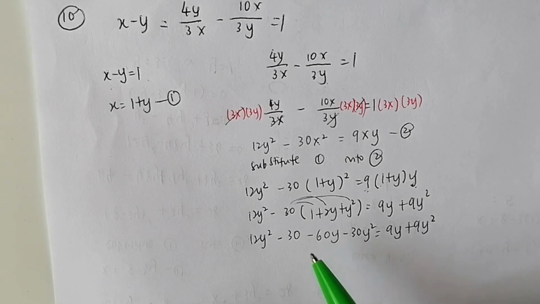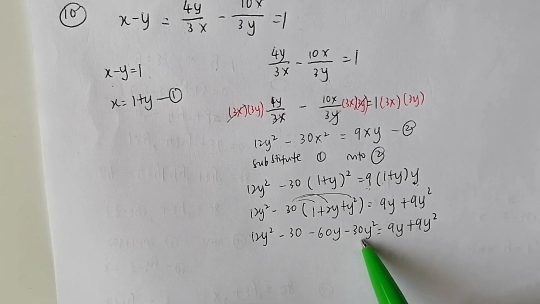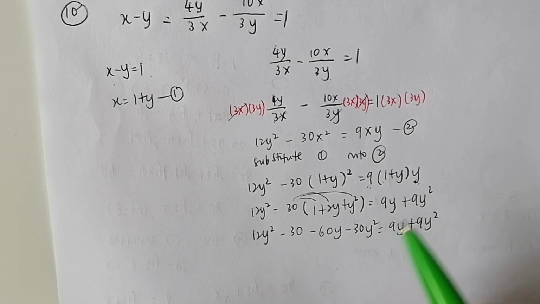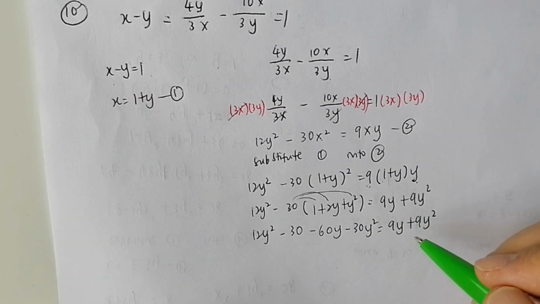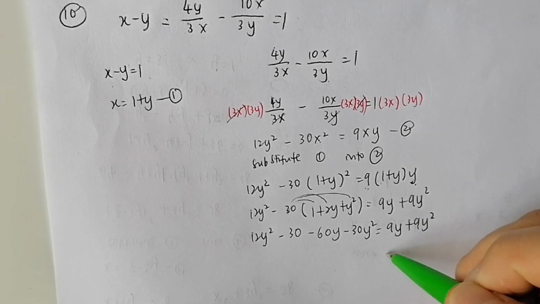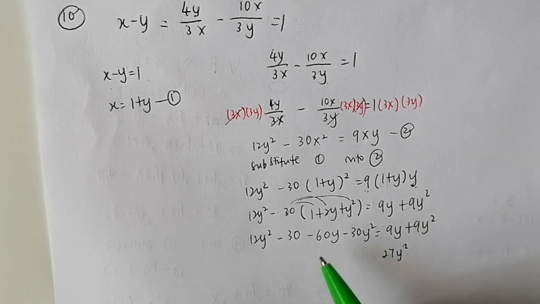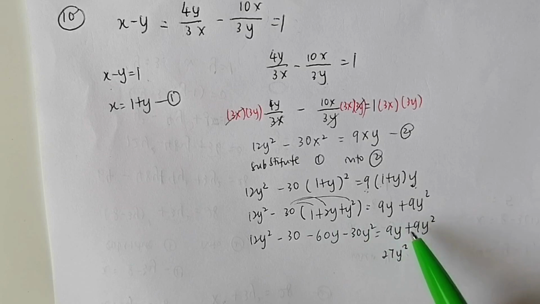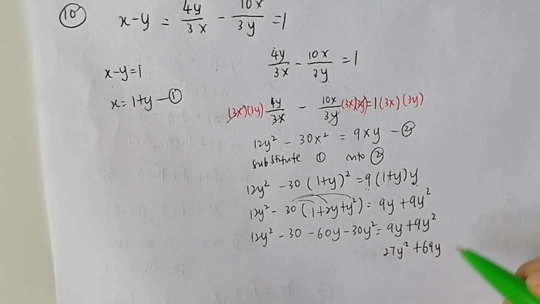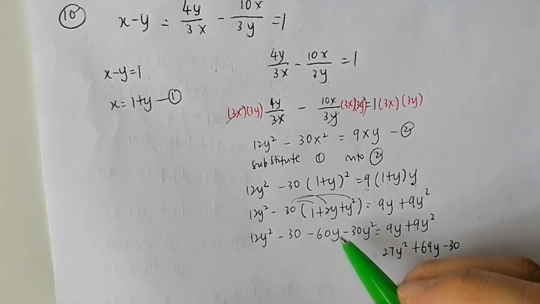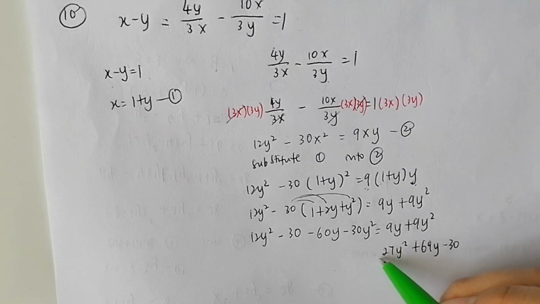Okay, so from here, 12 minus 30, which is negative 18. When you move it here, it will become plus 18. So plus 18, you are going to get 27y squared. Minus 60y, you bring here plus 60y. So plus 69y. Minus 30, you bring it here, becomes minus 30. So this side is actually 0, equal to this thing.